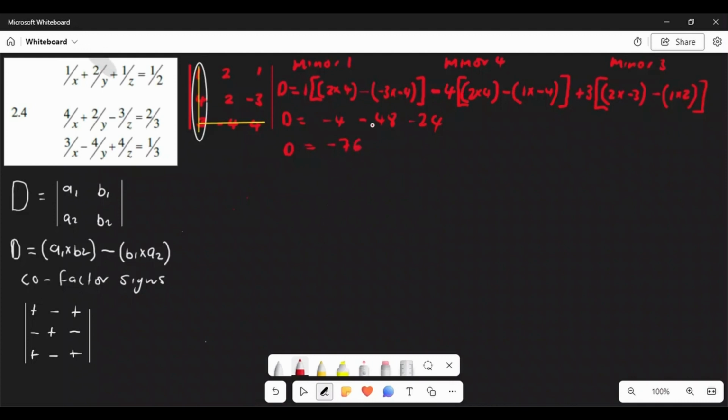All right, now that we have finished getting our determinant, it's time for us to calculate the determinant for x, y, and z. I'm going to start with the determinant for x. In order for us to calculate the determinant of x, which is dx, and also the determinants of y and z, we need to move these answers here.